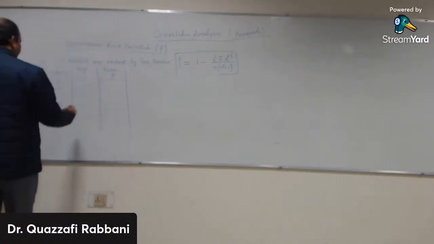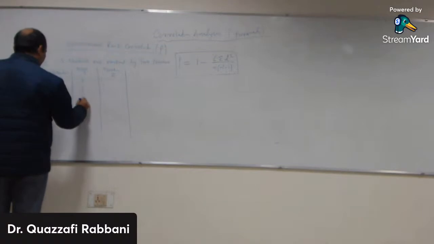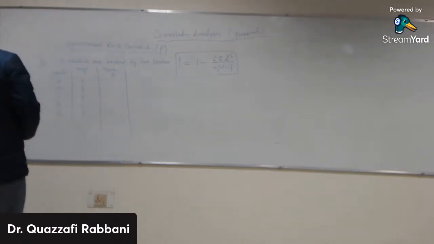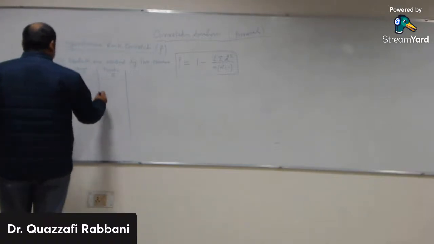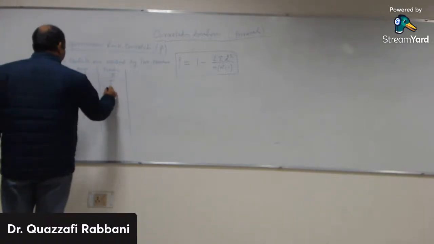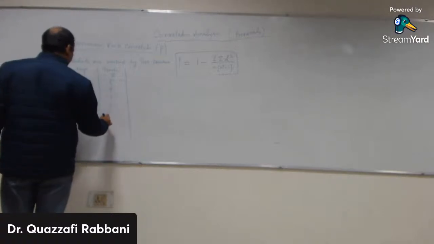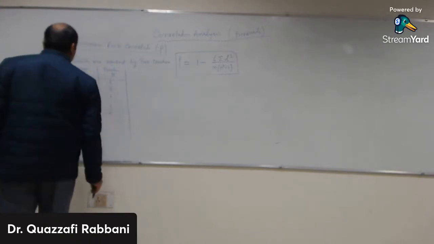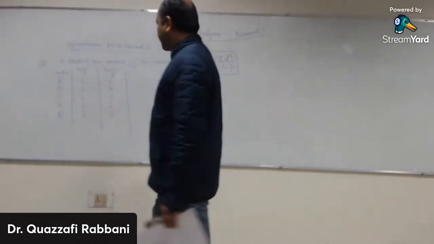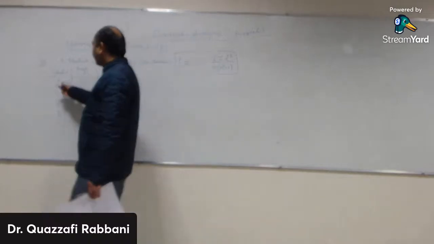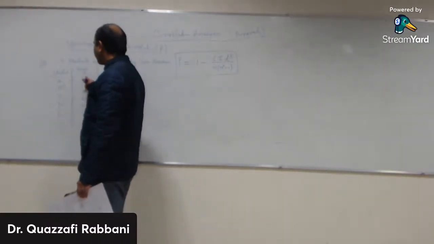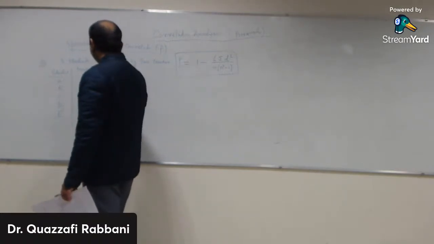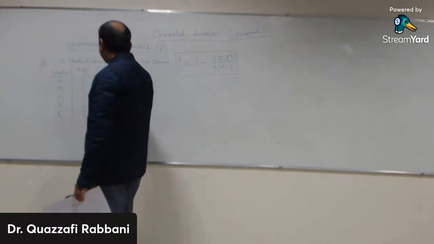The ranking is like this: 4, 3, 2, 1, 5, and 5, 4, 1, 2, 3. Here student A was ranked 4th by teacher 1, and the same student A was given the 5th position by teacher 2.